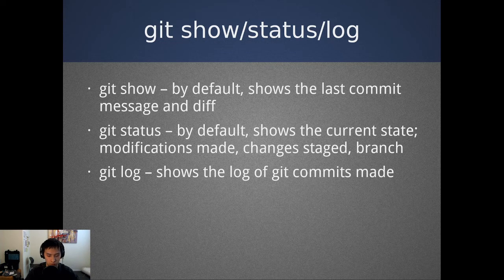Git status will show you the current status of your repository: what branch you're on, what modifications you've made, what changes differ from the last commit, any changes you've staged for the current commit, and stuff like that. Now, git log will show you the log, or the history, of the commits that have been made to the repository.